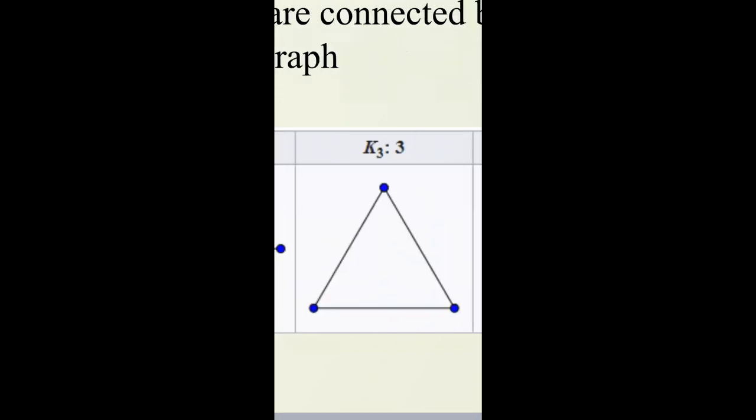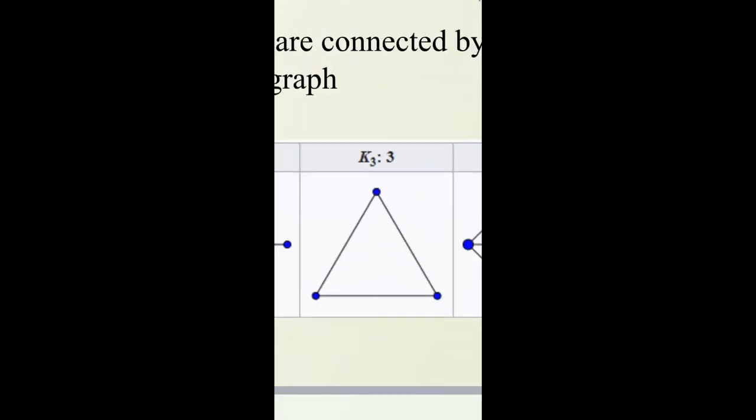Next, the complete graph K3 is a triangle. There are three vertices and they are connected by three edges. It means every vertex can be connected to another vertex.